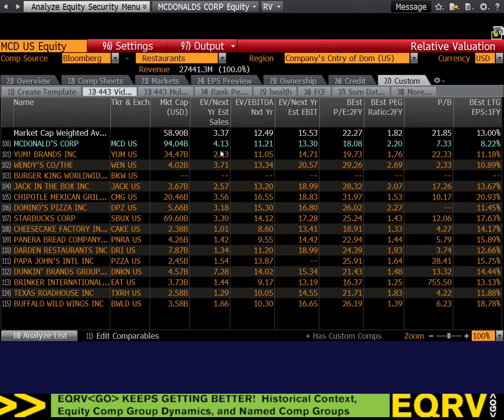All right. Again, EV to EBIT, EV to EBITDA, lower than the industry average. PEG, higher than the industry average. So what does this tell us about McDonald's? What drives EV to EBIT and EV to EBITDA primarily? It's growth and spread.